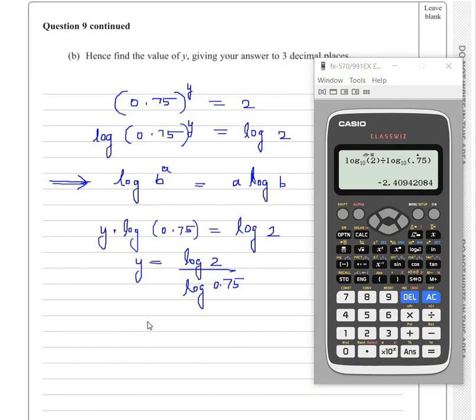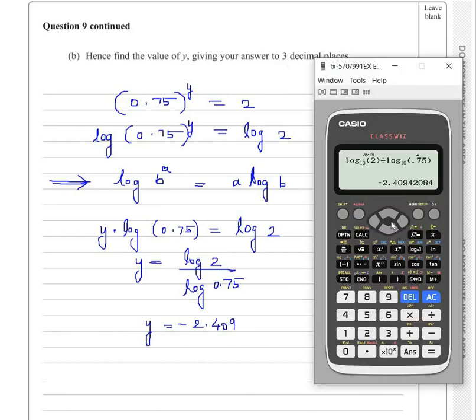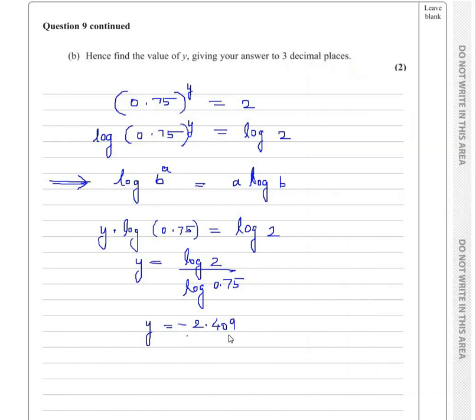The answer is y equal to negative 2.409. Let us just check it again. So this is the value of y. Since they have asked to write the answer to 3 decimal places, we have to stop exactly after 3 decimal points. That is negative 2.409. This is the answer for part B of the question.